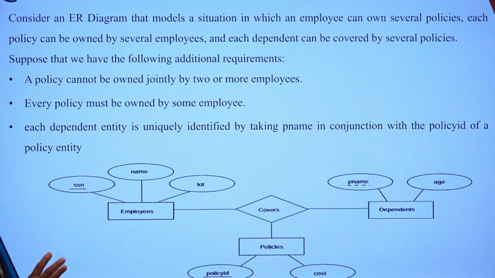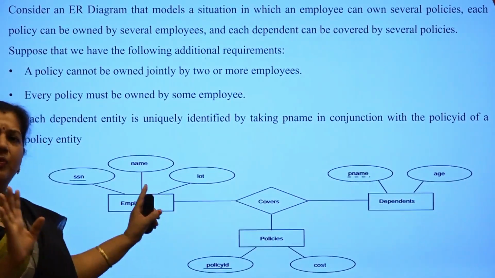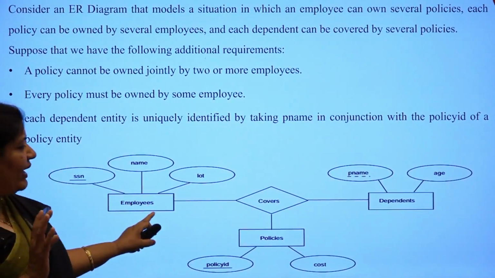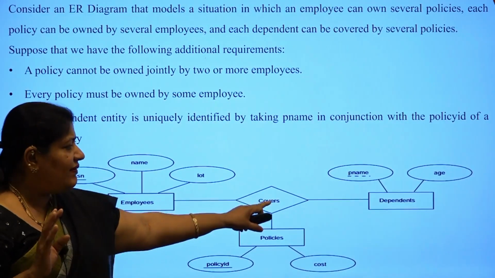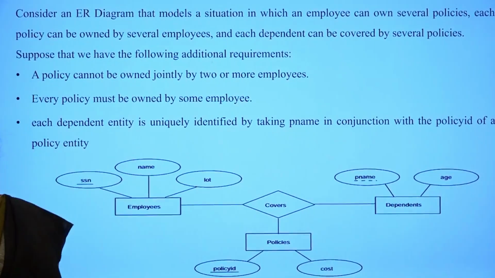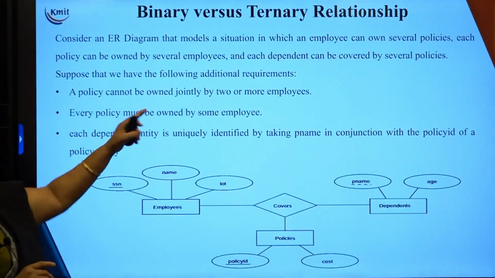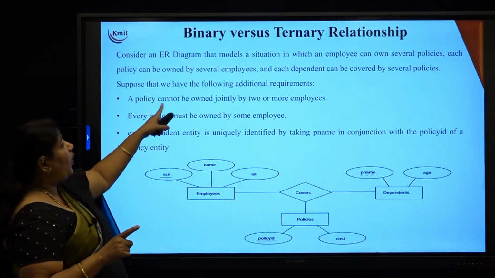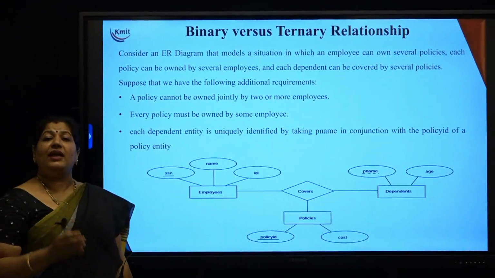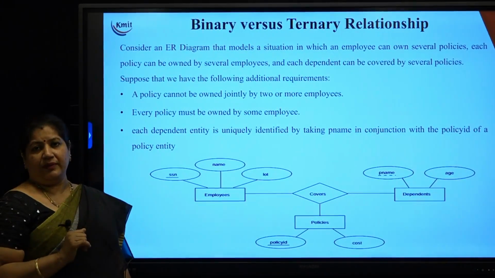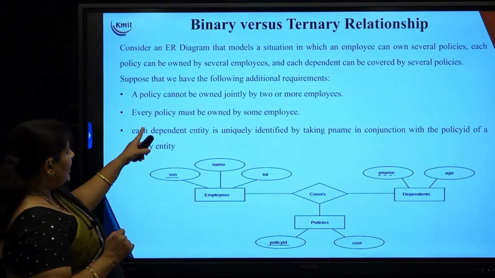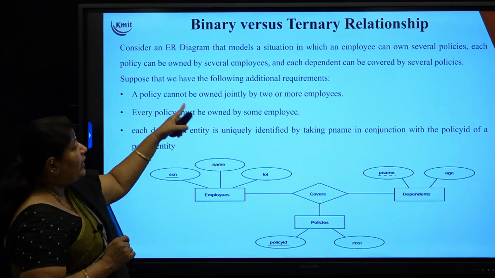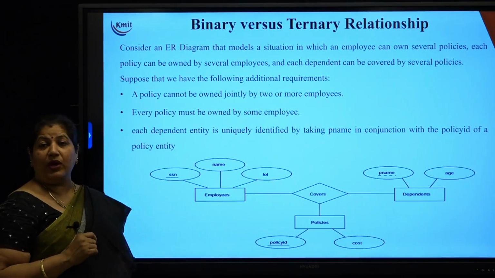When you look at this, the ternary relationship fits very well, where an employee has policies and that covers dependents. But assume that I have an additional requirement where I say that a policy cannot be jointly owned by 2 or more employees, or I put a restriction that every policy must be owned by some employee.